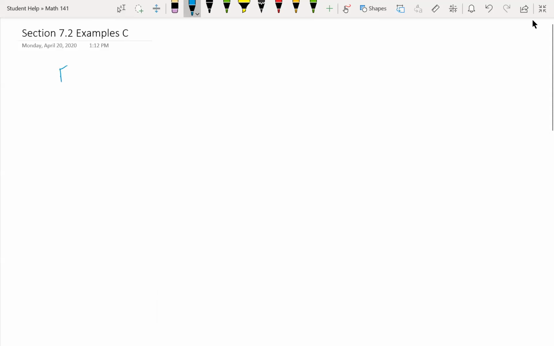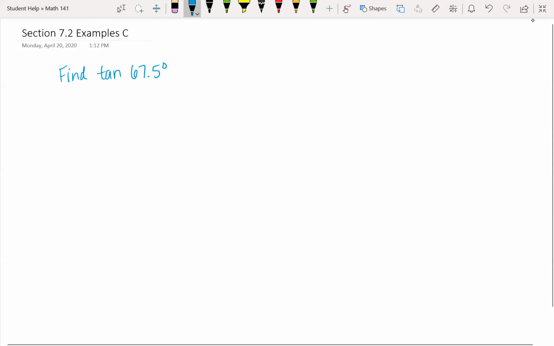Let's find the tangent of 67.5 degrees. If we are trying to find the trig value of something that's not on the unit circle, we use unit circle values to find those other angle values. So if we double 67.5, we get 135, and that's one of our angles on the unit circle.